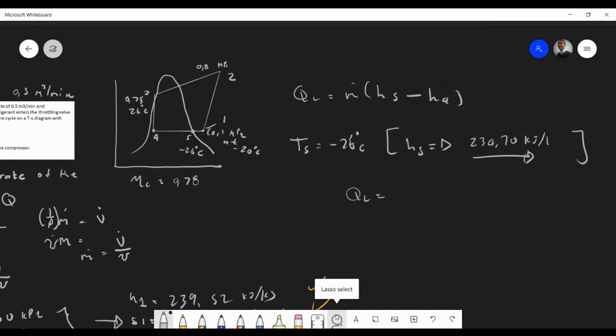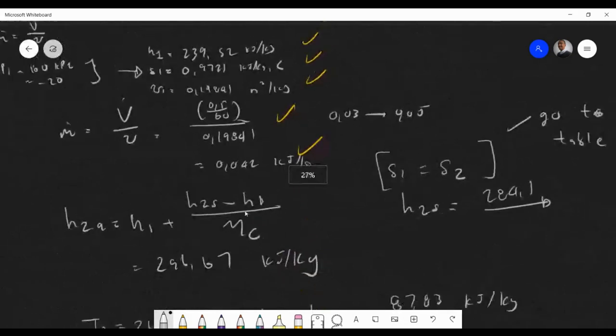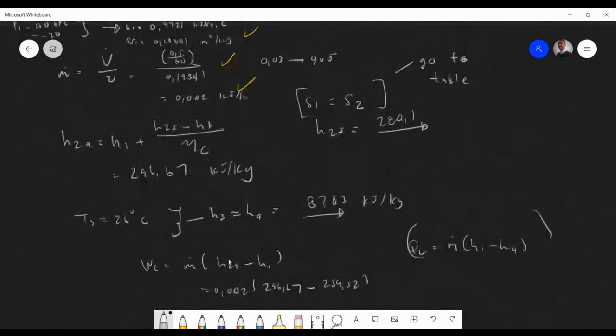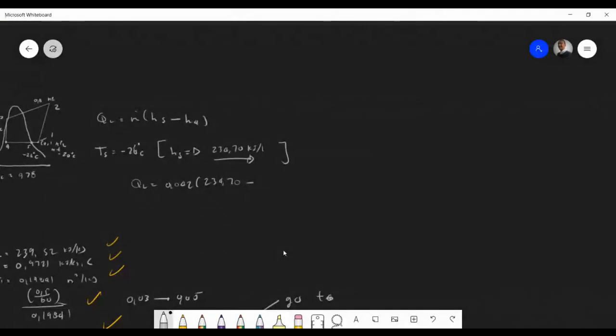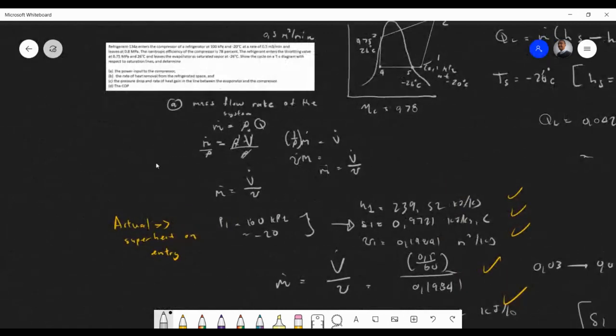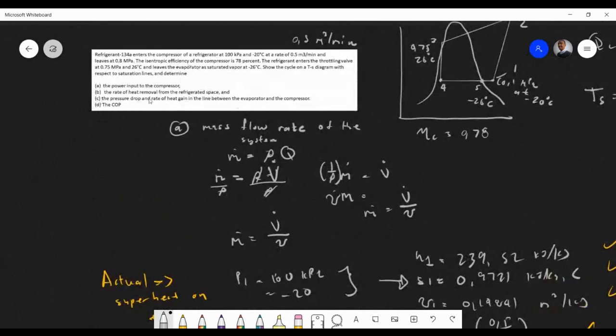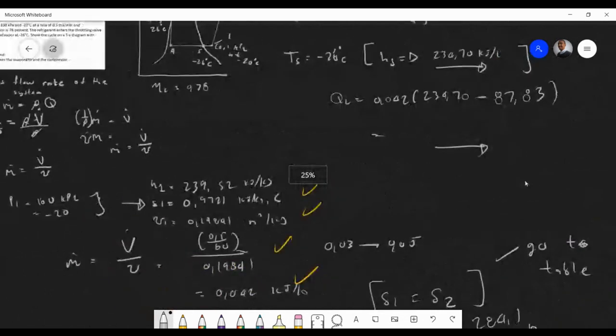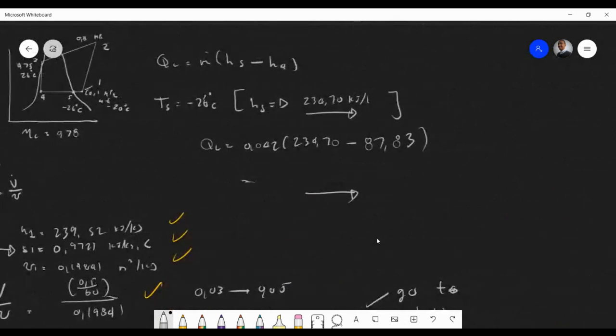Once you have that, you can compute your QL. But remember, this is the heat gained within the evaporator. So that's going to be 0.042 times 234.70 minus H4. H4 is 87.83. That's QL, and we can get QL. Once we're done with that, obviously you can find the COP, which I won't do, but I want to look at the pressure drops within the system. So let's see if we can do that. Okay, so let's just get the QL.